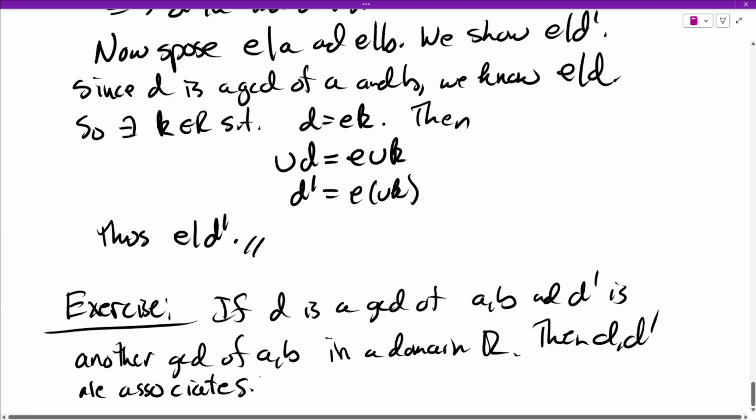So all GCDs, they're not necessarily equal, because units will cause you to create different GCDs, but all GCDs happen to be associates, which is a converse to the theorem that we just proved.